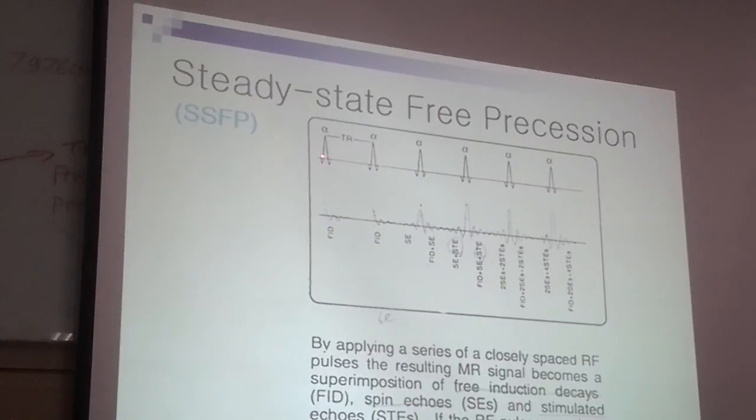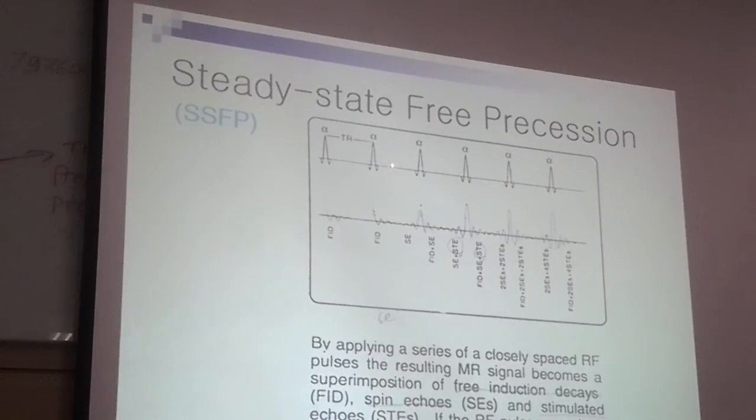From the first RF pulse, only FID signals are generated, right? And from the second RF pulse, only an FID signal is generated.